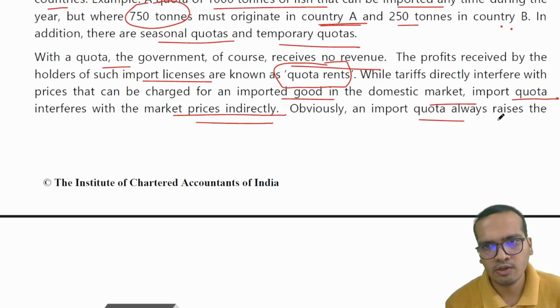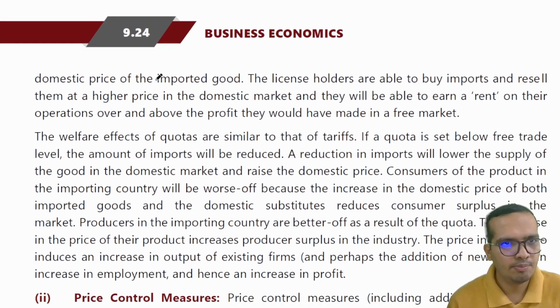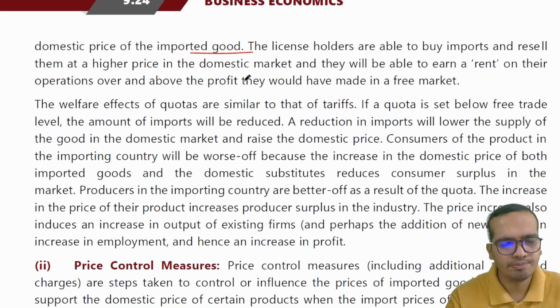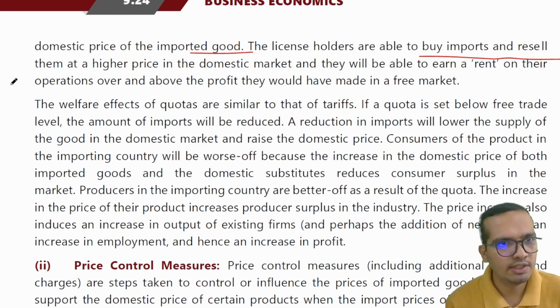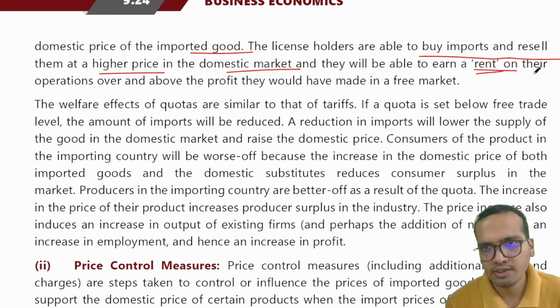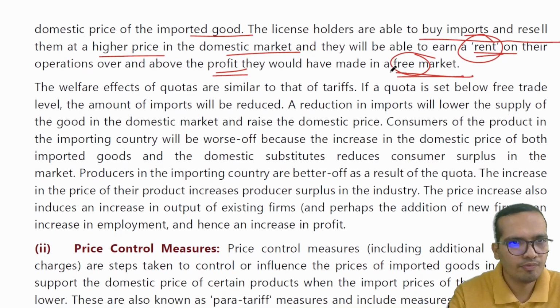Obviously, an import quota always raises the domestic price of the imported good. The license holders are able to buy, import and resell them at a higher price in the domestic market, and they will be able to earn a rent on their operations over and above the profit they would have made in the free market. They get the rent as well as the profit.